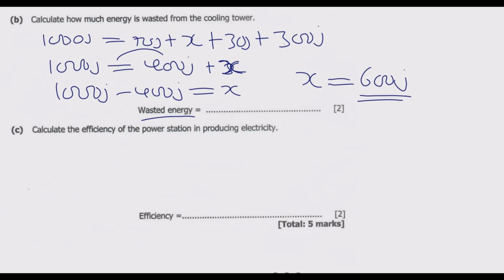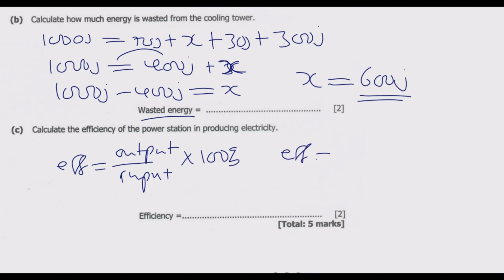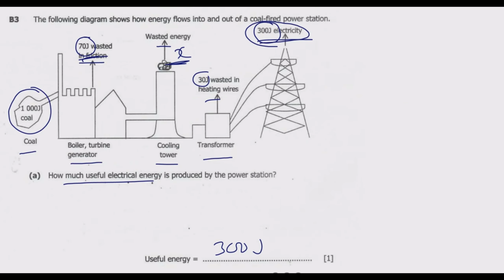So that's the answer. C, calculate the efficiency of the power station in producing electricity. So remember, efficiency is equal to output over input times 100, so percent. So efficiency is equal to, we are only producing 300 units of electricity by inputting 1000 joules.